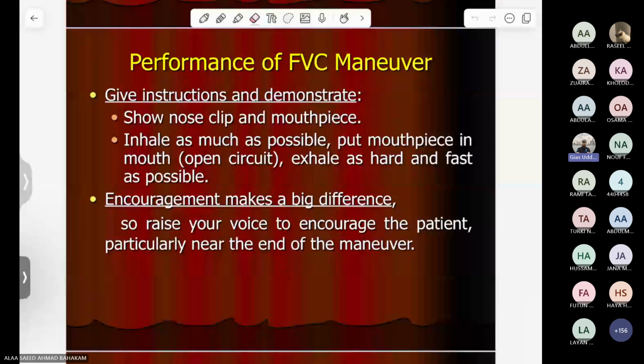Exhale through the mouth, so our nose will be blocked, only exhaling through the mouth. And then we will encourage the patient, take a deep breath, and then we'll encourage him to exhale as hard and as fast as possible. That's how we'll be doing the spirometry.